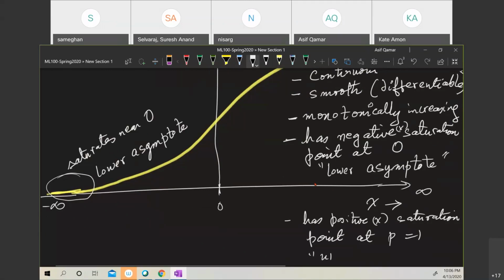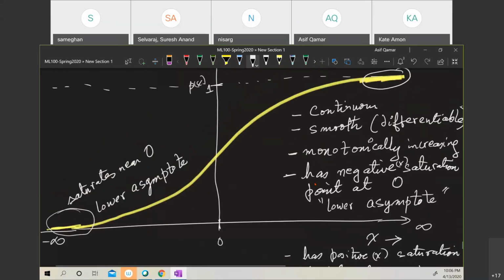This is your upper asymptote. People who are used to the mathematical language will say that the logistic function asymptotes on the lower side to 0 and on the upper side to 1. It has lower and upper asymptotes.